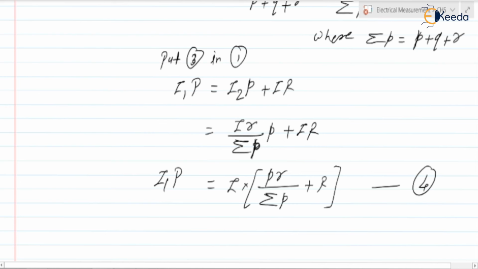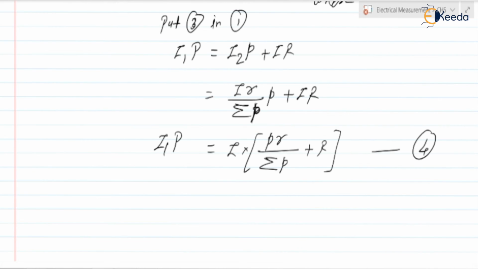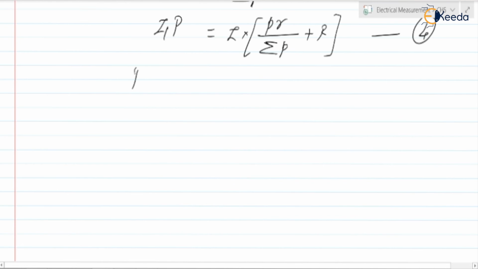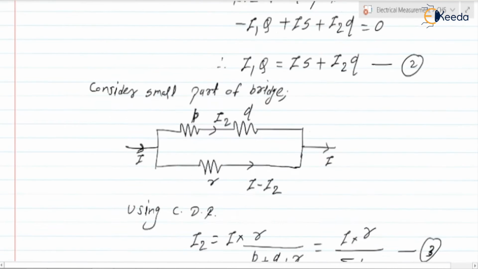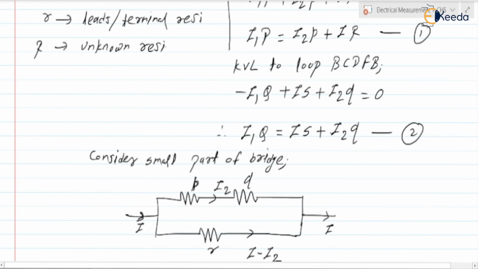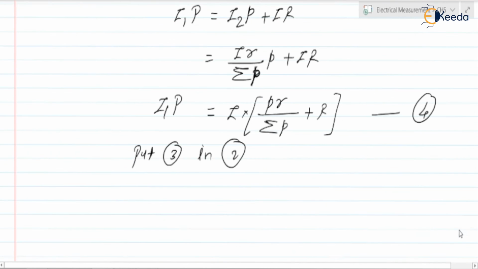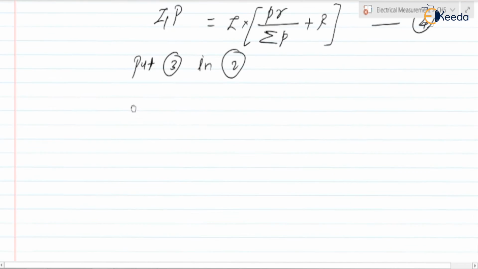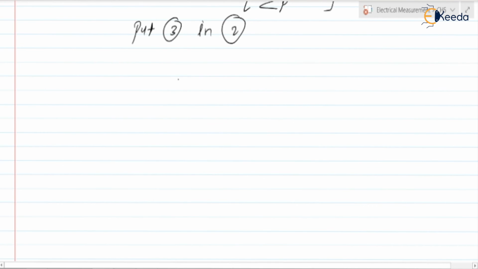Also, can we put equation 3 in equation 2? We know equation 2 is I1 into Q is equal to I into S plus I2 into small q.